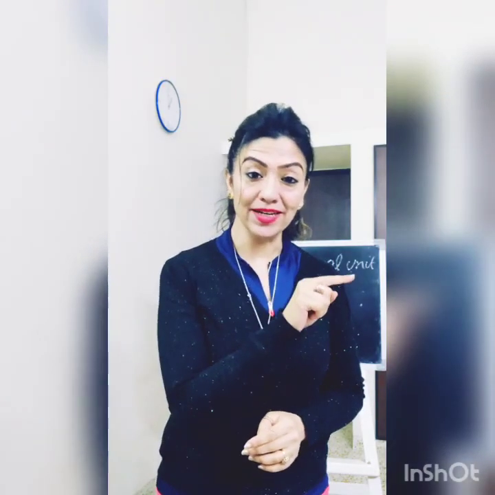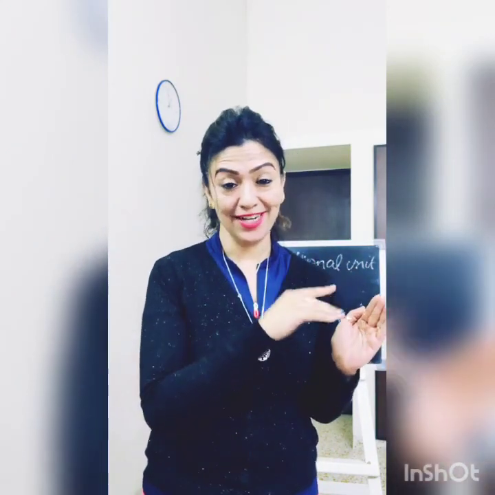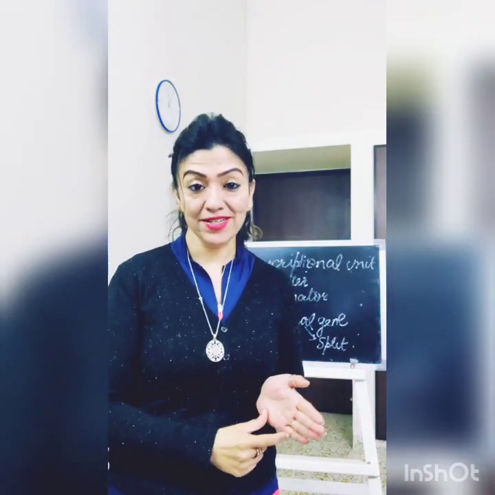Promoter is a region of the transcriptional unit which is present at the beginning, at the 5' end of the coding strand, or the 5' end of the transcriptional unit. We write promoter is present at the beginning of the transcriptional unit at the 5' end.